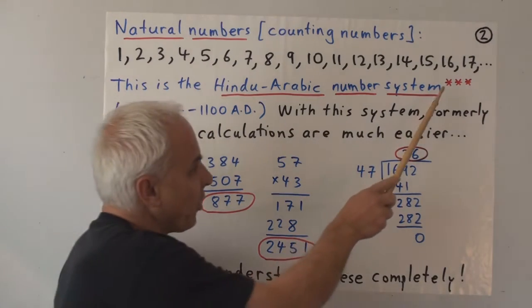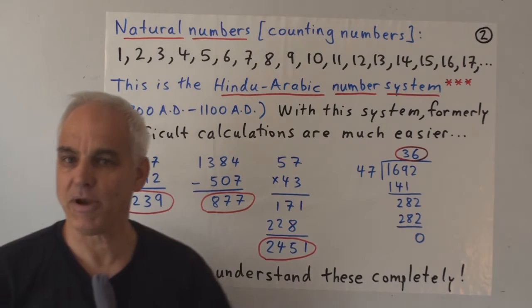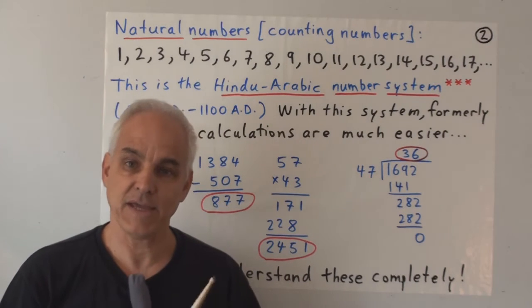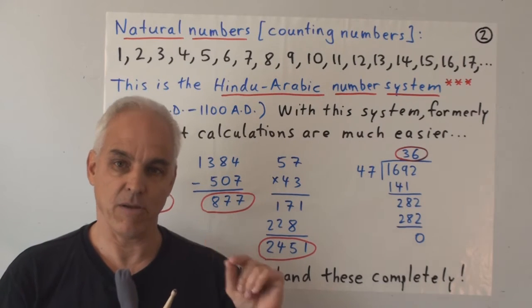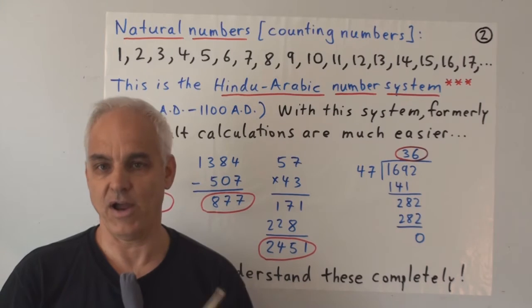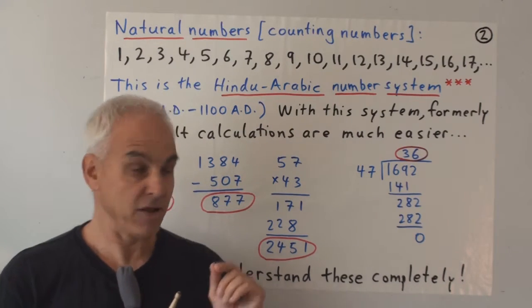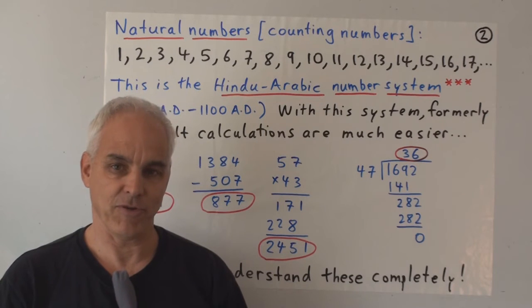Now I put a triple star beside this. In my opinion, the development of the Hindu-Arabic number system is not just one of the key developments in modern science, it is the paramount development in the history of science. There is no other development that compares in importance with the development of this number system.